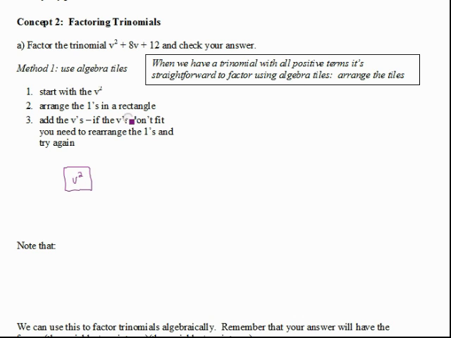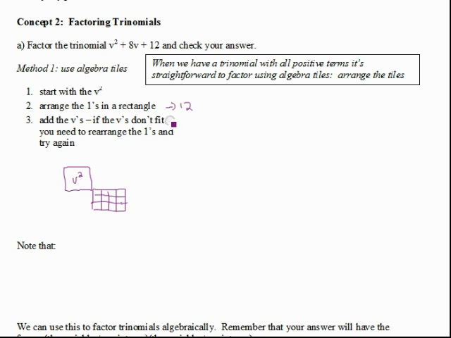And then I'm going to arrange the ones in a rectangle, and I need to have 12 ones. I'm going to put them in a rectangle that is 3 by 4. And these are all supposed to be little squares, right? Okay, so I have 12 of those.